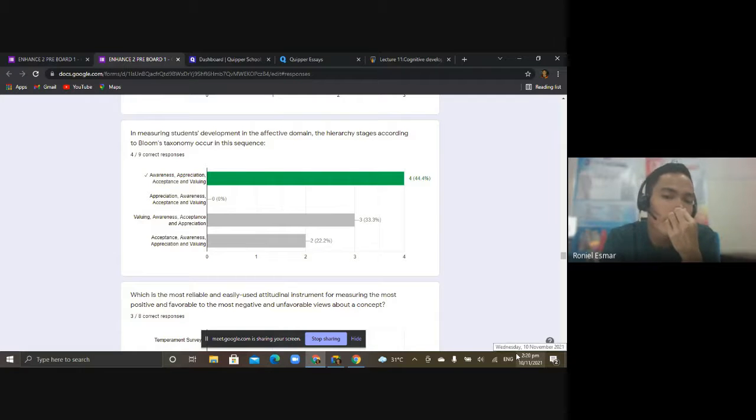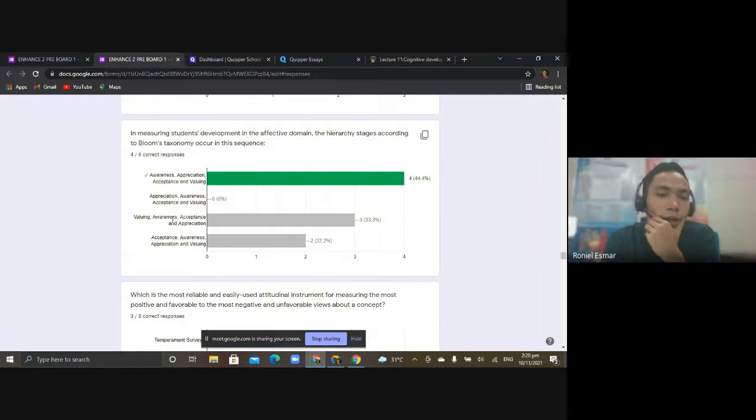We take note that in the affective domain, the highest in the hierarchy is valuing. So all of the options where valuing is not last should be eliminated, like option number 3 or letter C. So that is wrong.